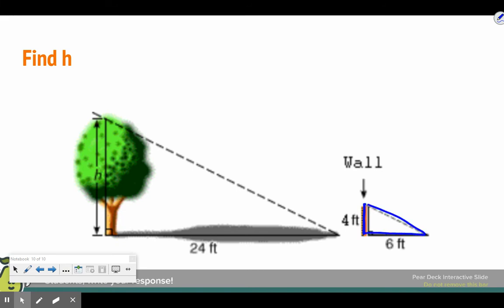We can set up a proportion. We've dealt with proportions throughout this chapter so far. We have the height of the tree, which is our unknown. Its shadow is 24 feet. Then we have the height of the wall, which we know is 4, and its shadow is 6.